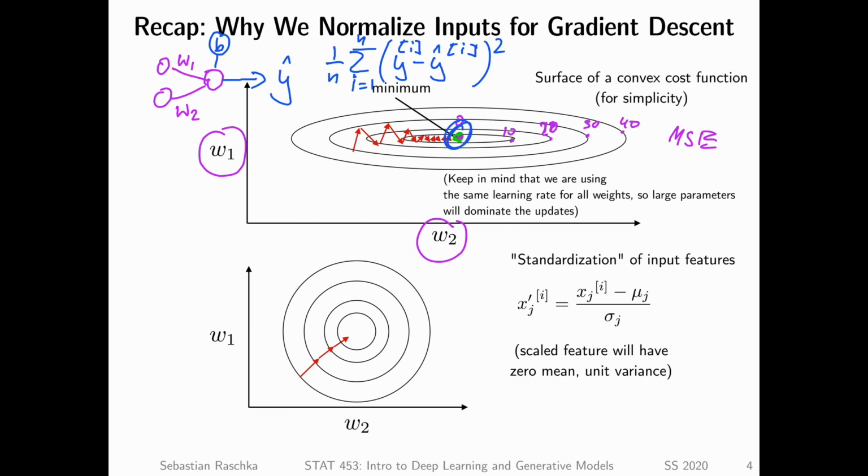Now, what if the inputs are of different magnitudes? For instance, let's say age and salary. For x1, the input range is the age. No one can be negative years old, but let's say something between 0 and 120.